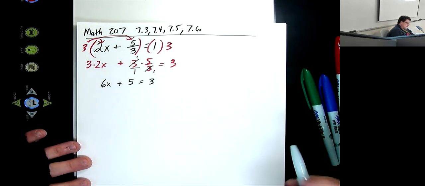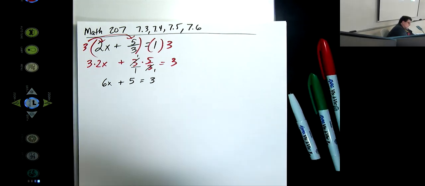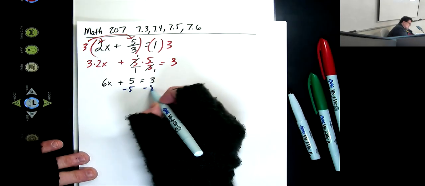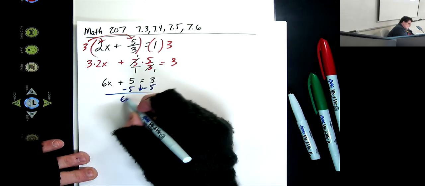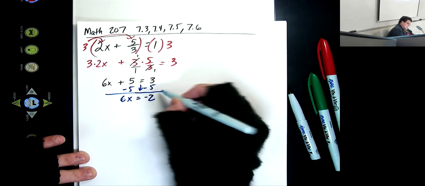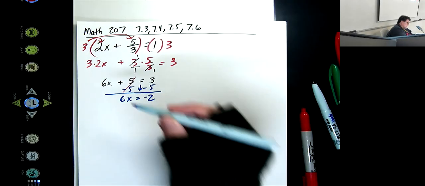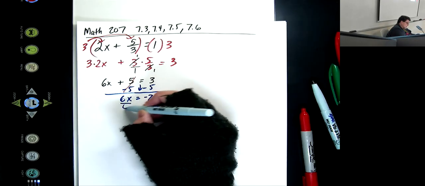So at this point, now that there are no fractions, what would I do? Subtract the 5, right? If I subtract the 5 from both sides, I get 6x equals 3 minus 5, which is -2, and the 5 and -5 go away. Ariana's not here yet. She'd like to see that crossed off, so I'll start crossing that off. Now x is multiplied by a whole number, so I'm just going to divide by its value on both sides.